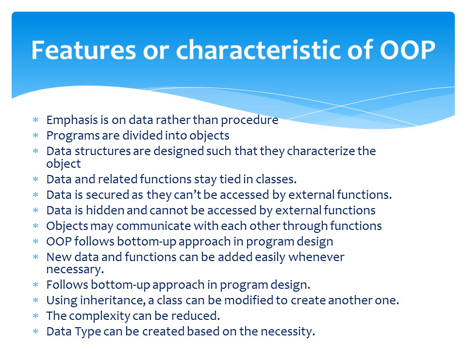Next, data is hidden and cannot be accessed by external functions. Now, encapsulation hides data from direct access by the program, and thereby hides the data or information from the outside world.